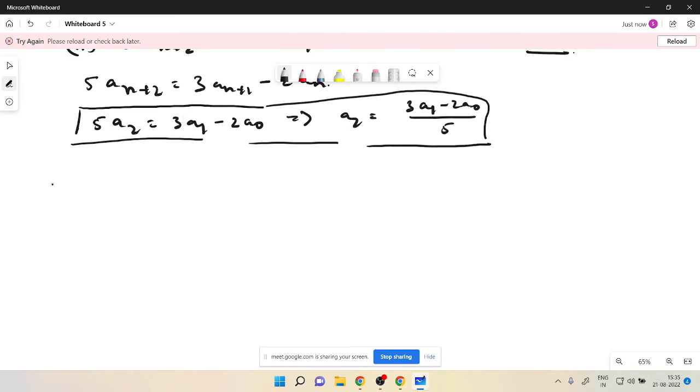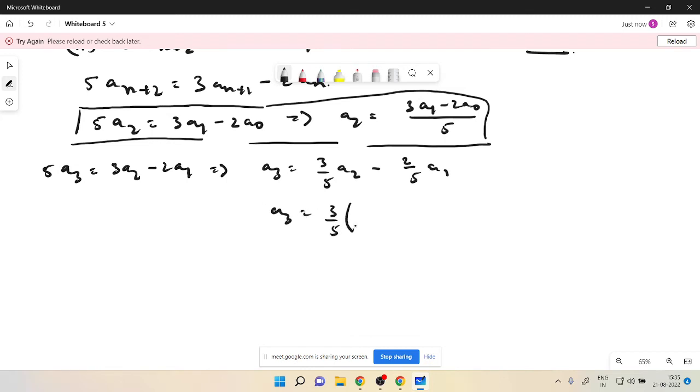Okay, a2 is something that we have. So 5 times a3 is equal to 3a2 minus 2a1. a3 is equal to 3 by 5 times a2 minus 2 by 5 times a1. a3 is equal to 3 by 5 times a2, which is 3a1 minus 2a0 by 5, minus 2 by 5 a1.